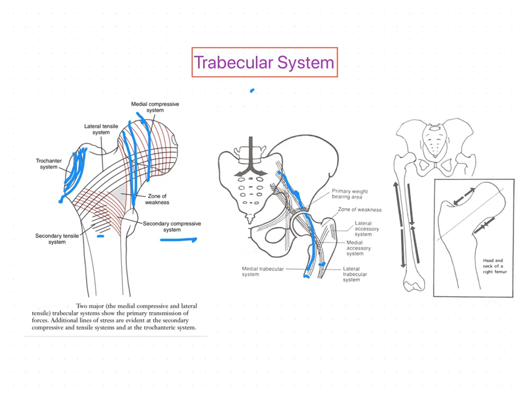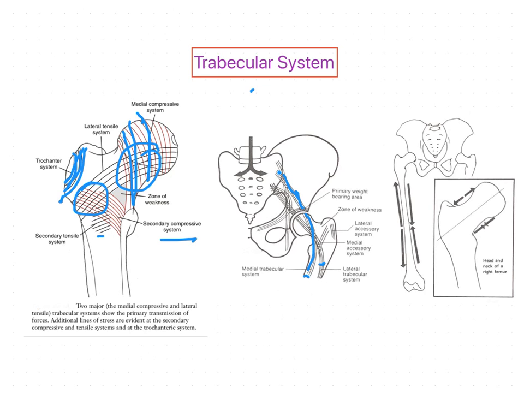The areas in which the various trabecular systems within both the pelvis and the femur cross each other at right angles are the areas that offer the greatest resistance to stress and strain. So these are the areas which have the greatest stress and strain.